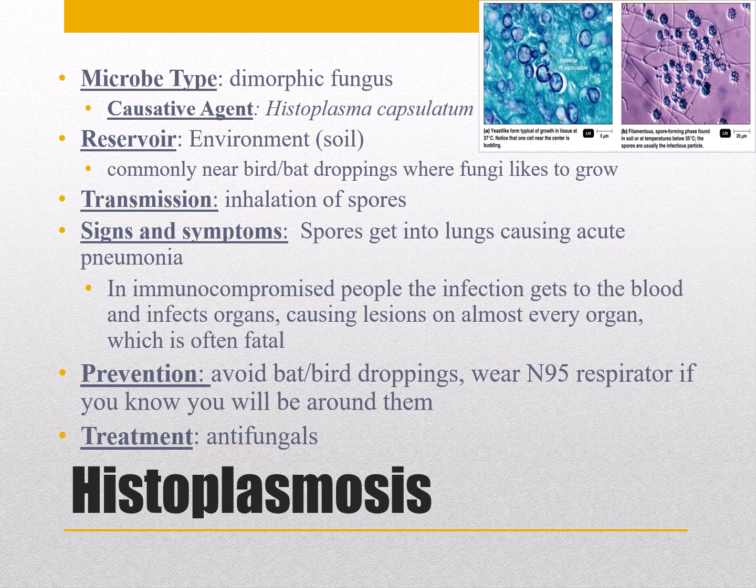So people who are immune compromised are going to be the ones that this could lead to being fatal. Maybe lesions on organs. This can be an issue for people who are immune compromised. If you are not immune compromised, you're a generally healthy individual with no underlying problems, you're probably going to be fine even if you inhale these spores.